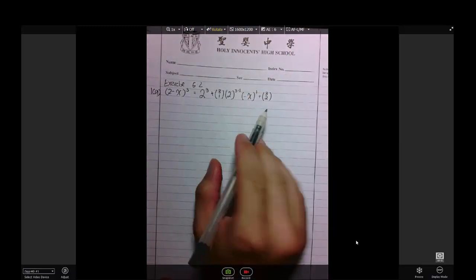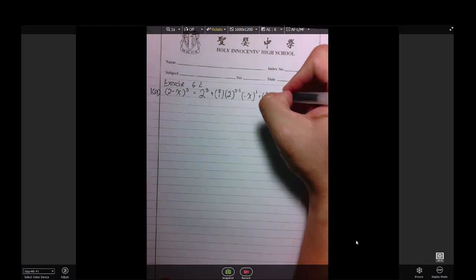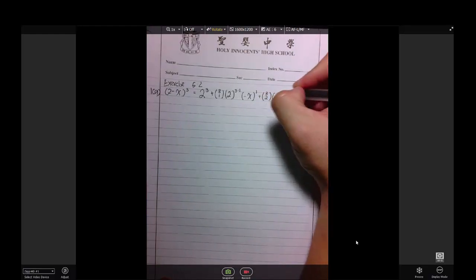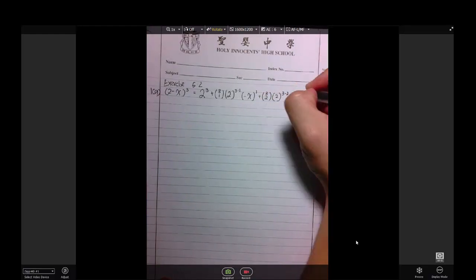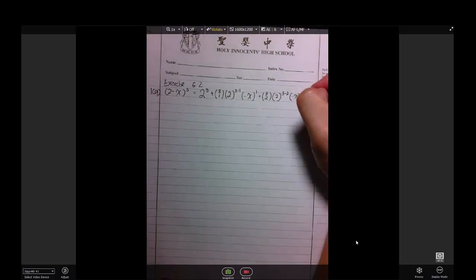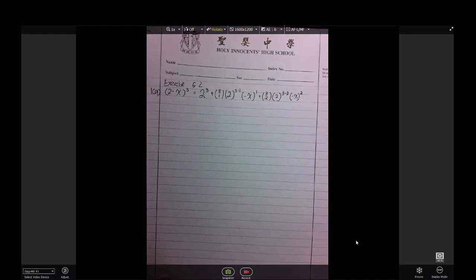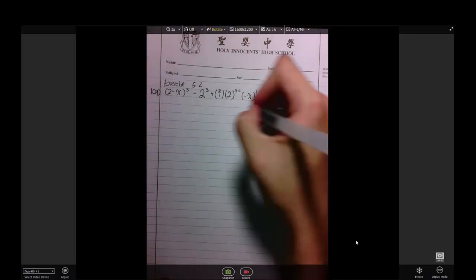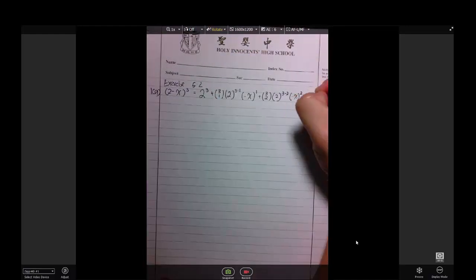You notice how this is increasing? Then it will be 2 to the power of 3 minus 2, negative x to the power of, here's n minus r, and here will be r. And the last term will be 3 choose 3.